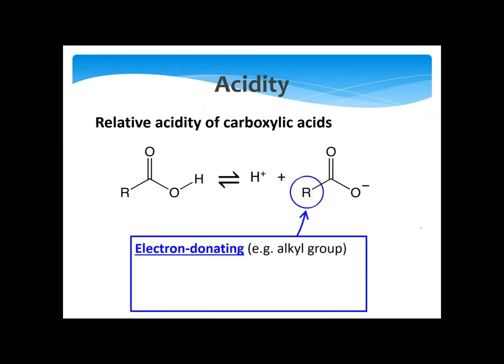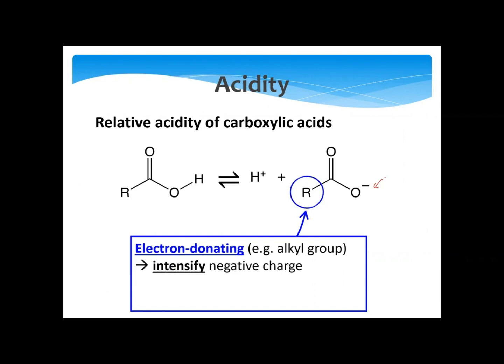As mentioned, we look at the stability of the carboxylate anion. If we have an electron donating group, like an alkyl group, attached to COO minus, because it's electron donating in nature, it will intensify the negative charge.